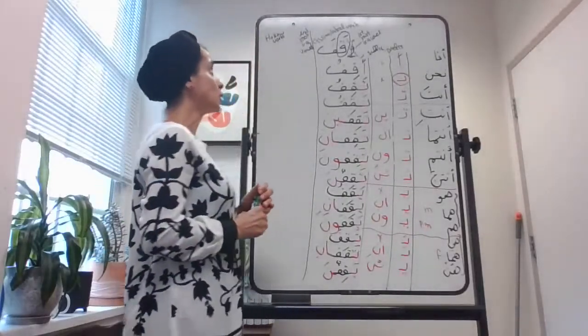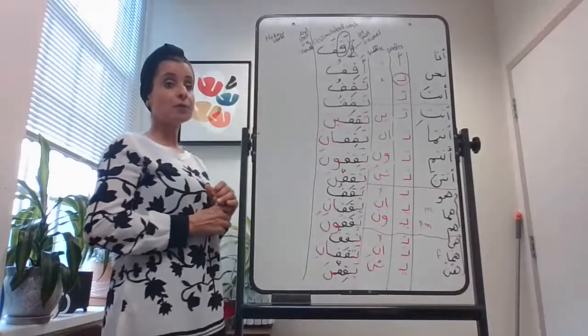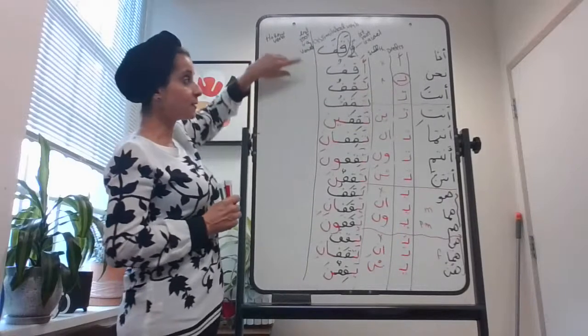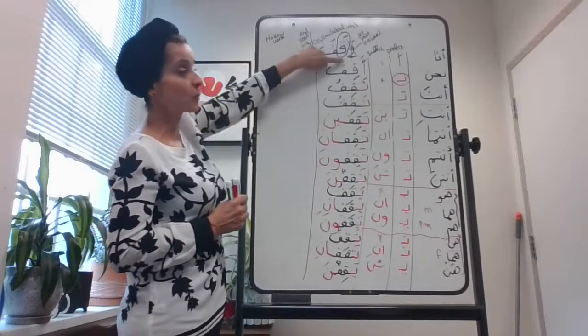Okay, good. So now we are going to move to the second type of weak verbs. This is the first type, the one that starts with the vowel.